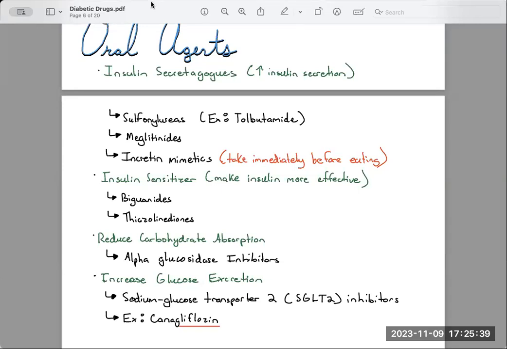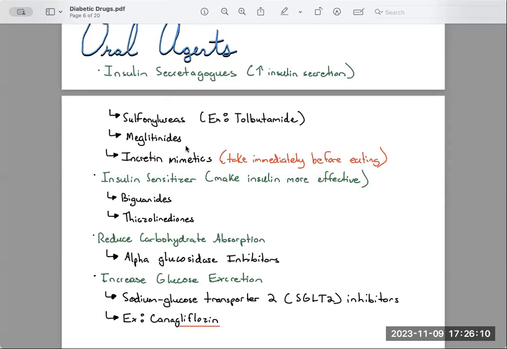Whereas with all the other medications, you take the medication first and then you take the food like 30 minutes later. Same thing with alpha glucosidase inhibitors, also called acarbose. They're another type of oral anti-diabetic agent that you must take with food while you're taking this medication. Not 30 minutes after, but with.